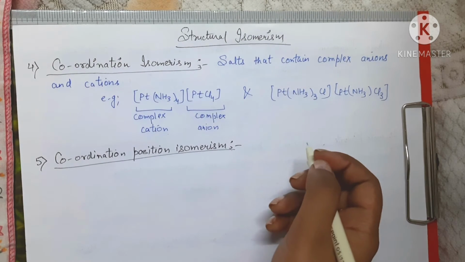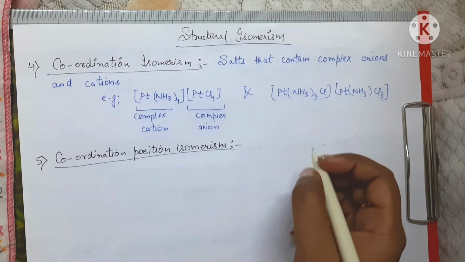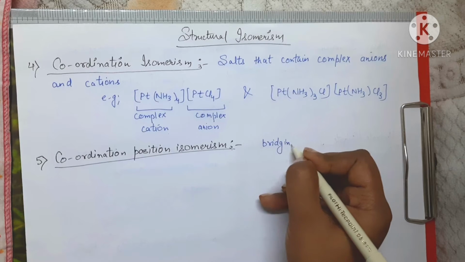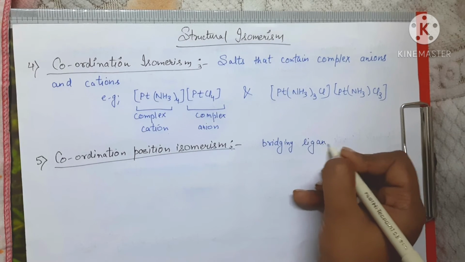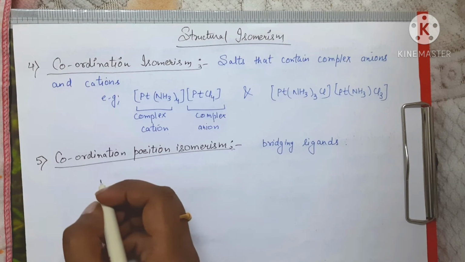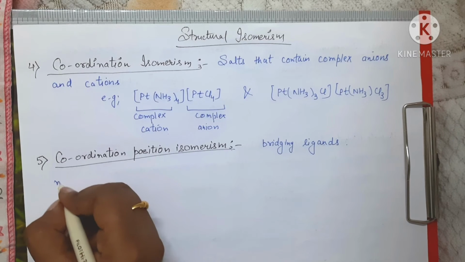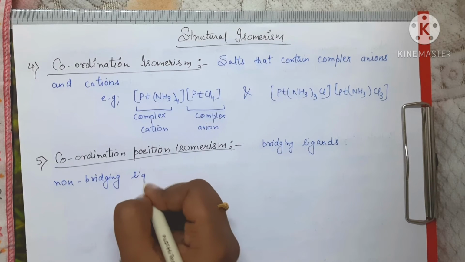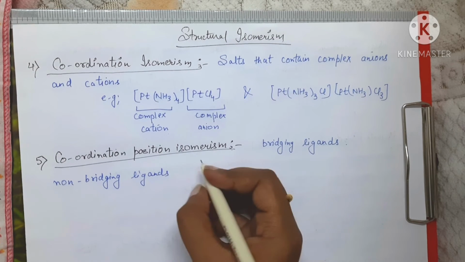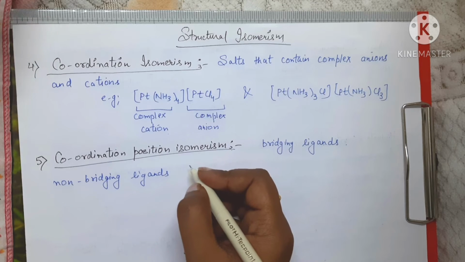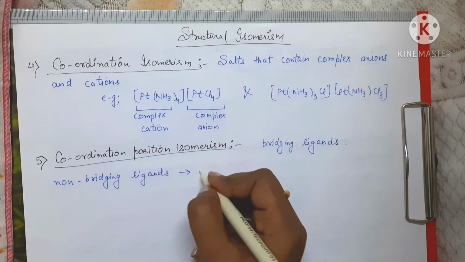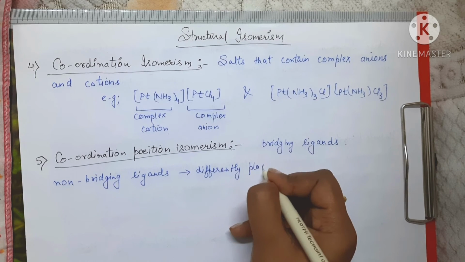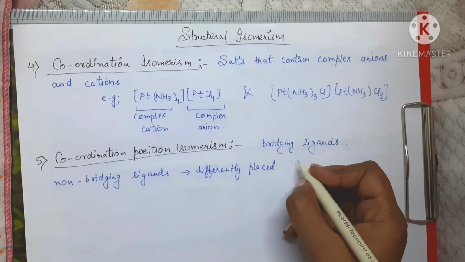See, the coordination position isomerism is shown by those complexes which contain bridging ligands, and this arises when non-bridging ligands which are attached to the central metal ions are differently placed around the central metal.